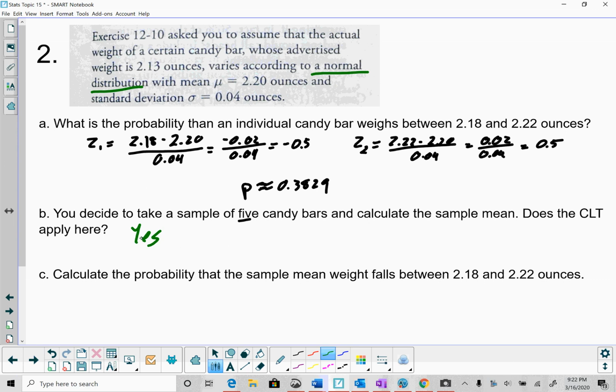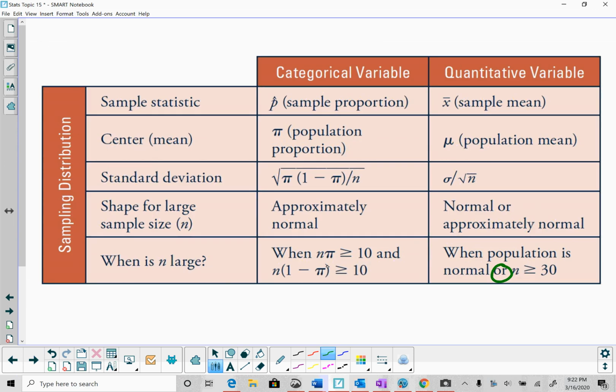Calculate the probability that the sample mean weight falls between 2.18 and 2.2 ounces. Well, okay, the first thing we need to do here is, for our sample, we need to know the sample standard deviation, which again, going back to our chart here, we're going to take the population standard deviation, sigma, and divide by square root of n, our sample size.